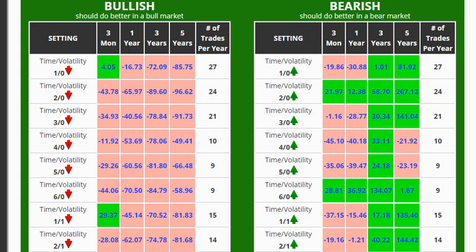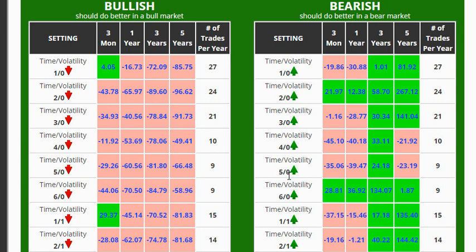Even in a healthy bear market, the other 3 columns should be in the green. I'm not saying all 4 of them, because it's very rare to have a bear market that's more than 5 years for any results to come up in here. All right, so that's how it typically works.